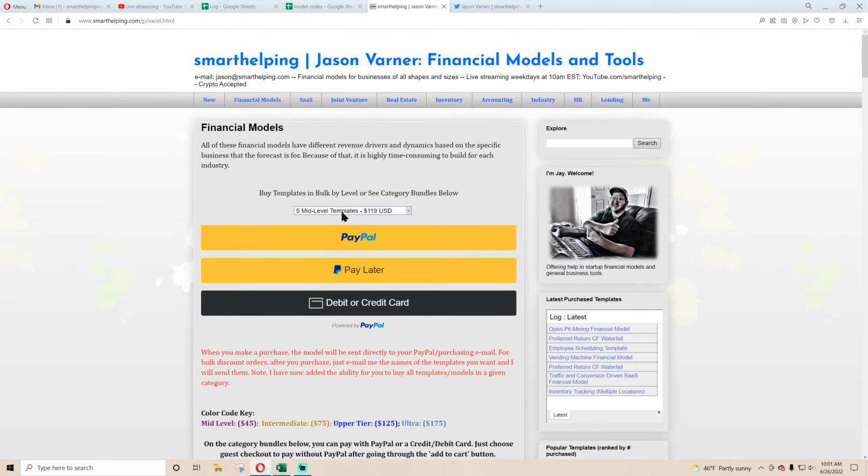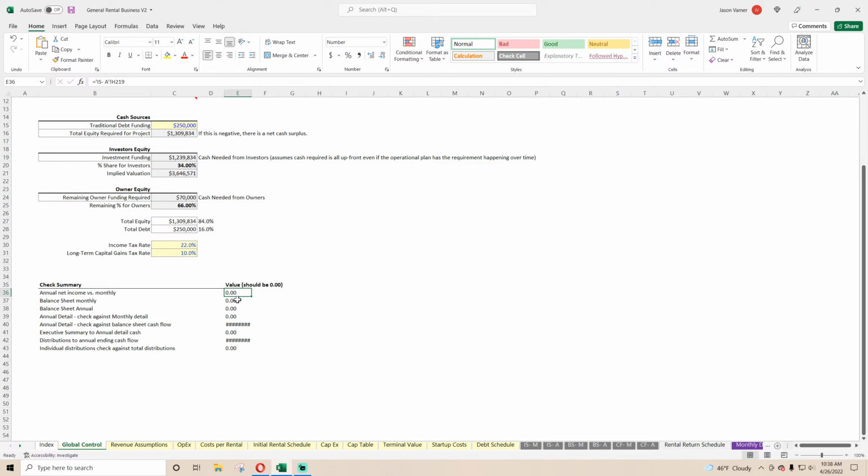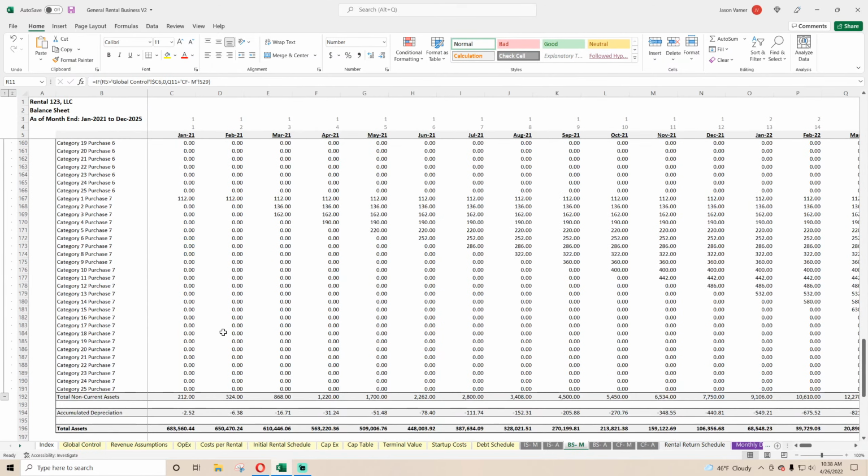What I still need to do is sanity checks. So let's look at that. Annual net income versus monthly. So we did this first thing the day. We just want to reference this, and our goal, or wait, that's going to be on the annual tab. Our goal is to have all zeros here, and then we'll adjust some of the assumptions, make sure everything's working. So annual net income versus monthly, balance sheet, is that right? 220.